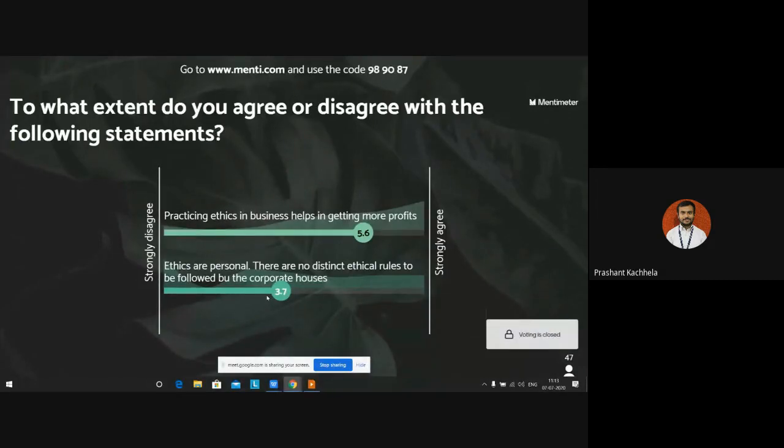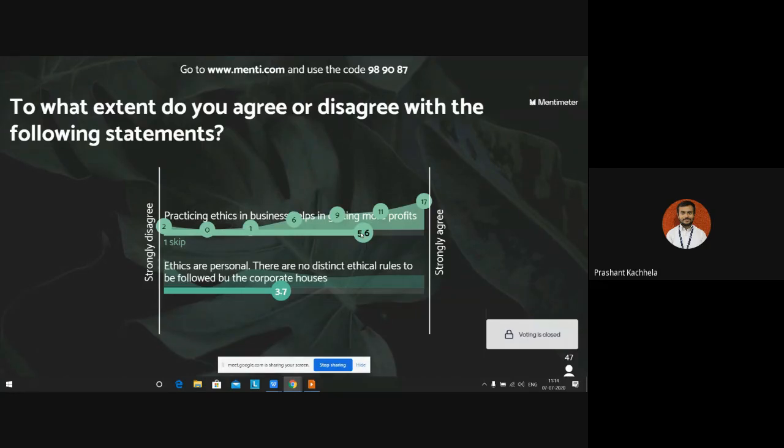This is the actual result that you can check on screen, what you responded and what is the thinking of the whole class. So it is giving the result in the average form. Talking about the first statement, that practicing ethics in business helps in getting more profit, the average is 5.6, and it is close to strongly agree.